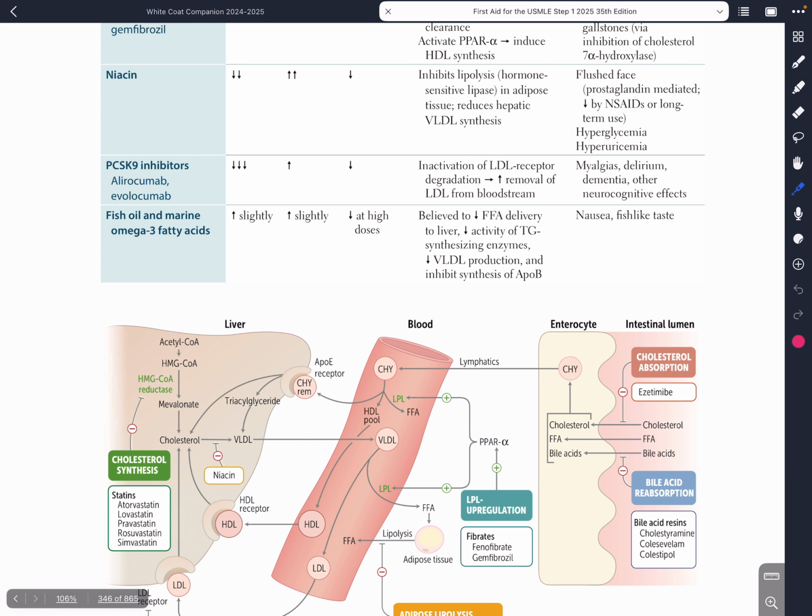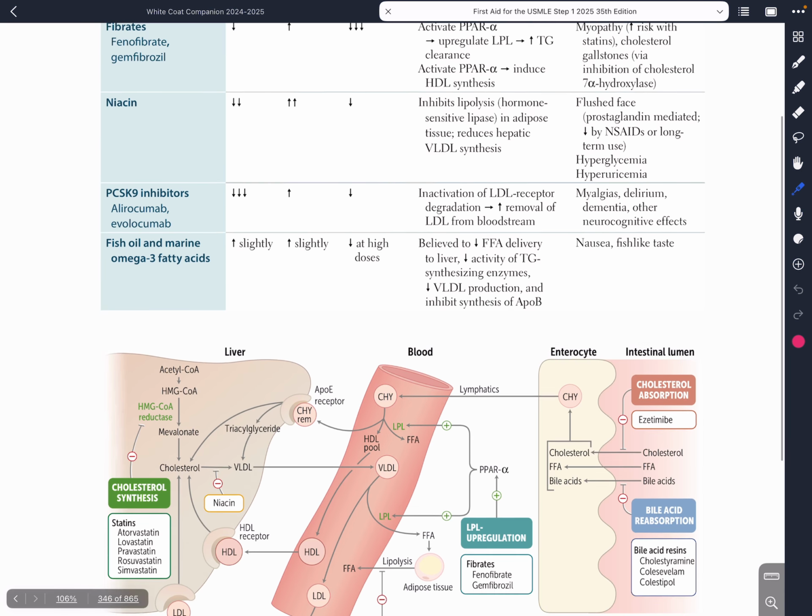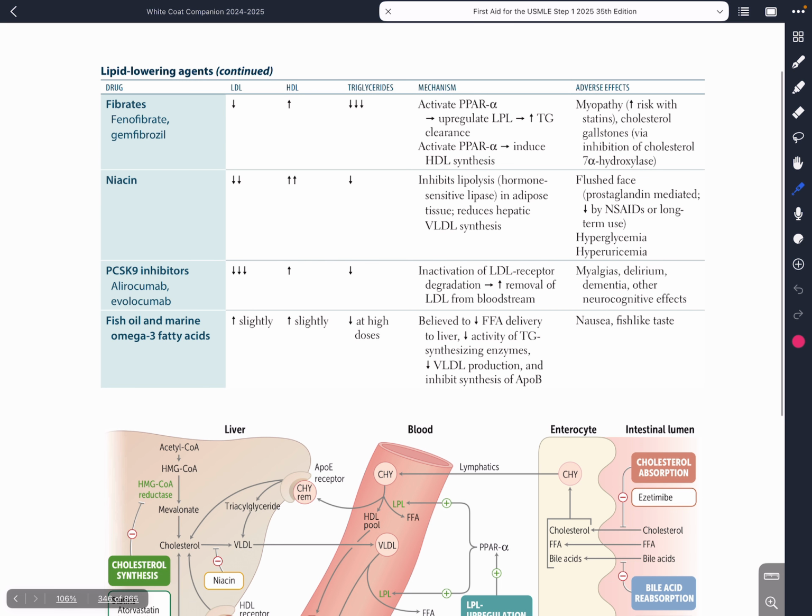Next, PCSK9 inhibitors. PCSK9 inhibitors are evolocumab. They are very good drugs in the sense that they decrease LDL immensely, increase HDL, and decrease triglyceride. But the only thing is that every good thing is very expensive.